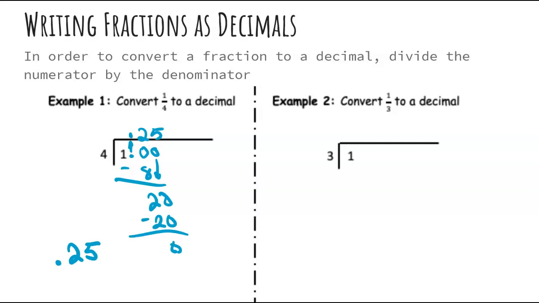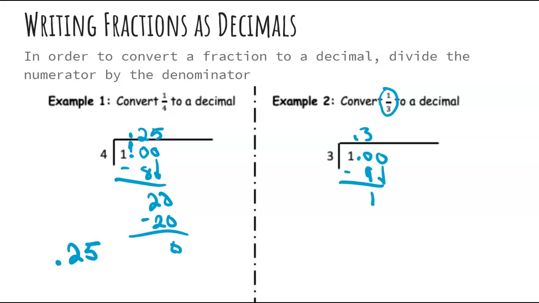Take a look at the second example. This time they want us to convert the fraction 1/3 to a decimal. So again, we drop the 1 into the house, we divide the 1 by 3. 3 does not go into 1, so I add my decimal point, put in my 0, bring my decimal straight up to the top, and I divide. 3 goes into 10 3 times, and 3 times 3 is 9.